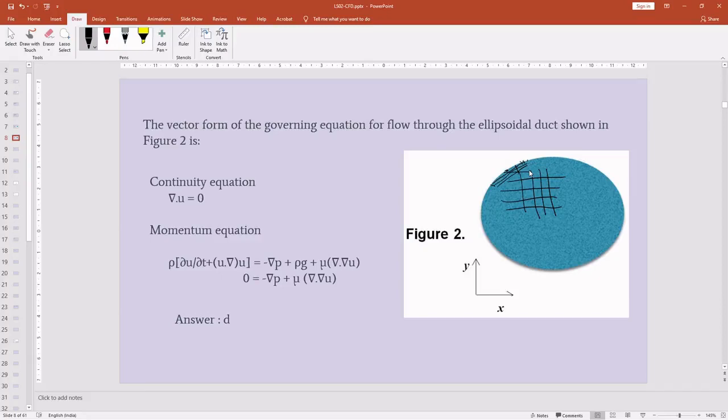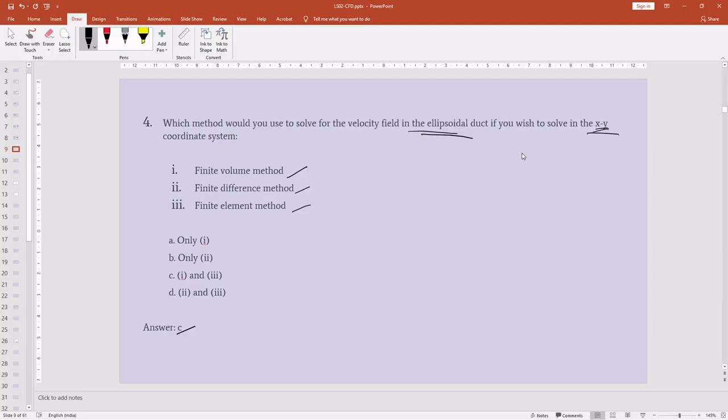The second one, if I give boundary layers or wall layers of mesh here, will make the meshing process difficult. So the methods are finite volume method and finite element method. I hope that's clear.